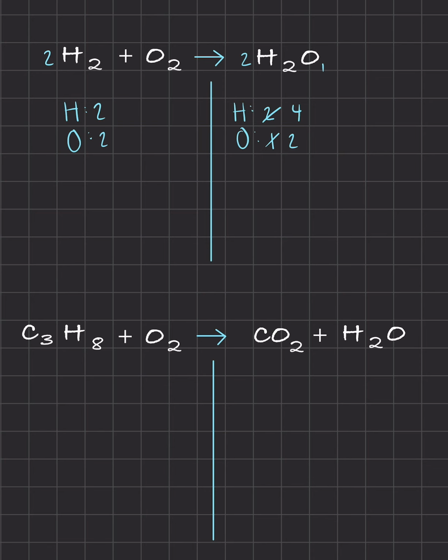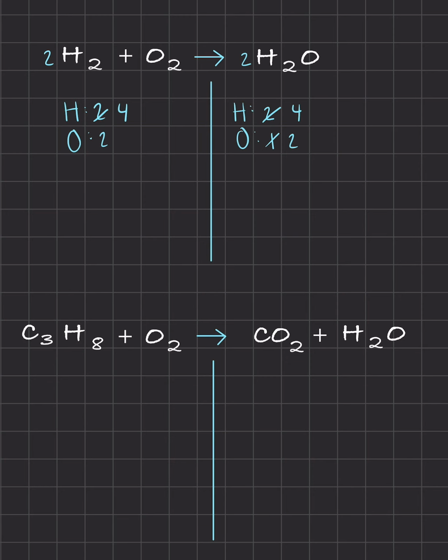So this is going to be the balanced equation. You're not going to have that one written. It was just for you to see what you have. But if you have nothing written, that means you have an imaginary 1 there. So now that they match, I have 4 hydrogens and 2 oxygens on each side. I am done. This is my balanced equation.